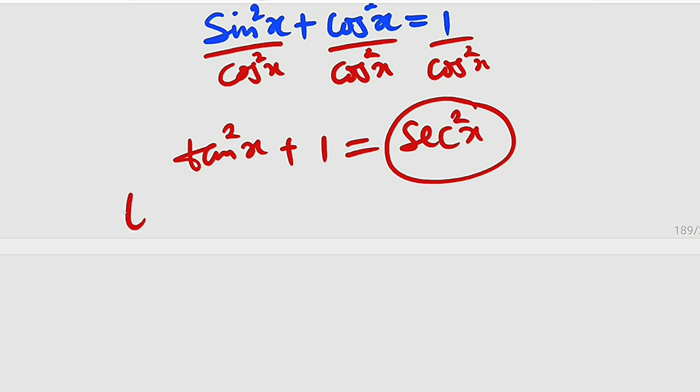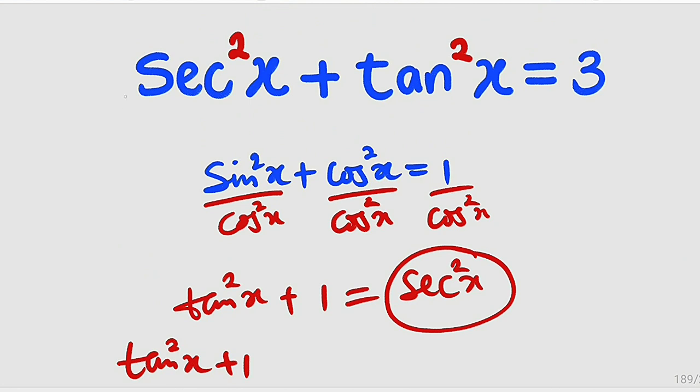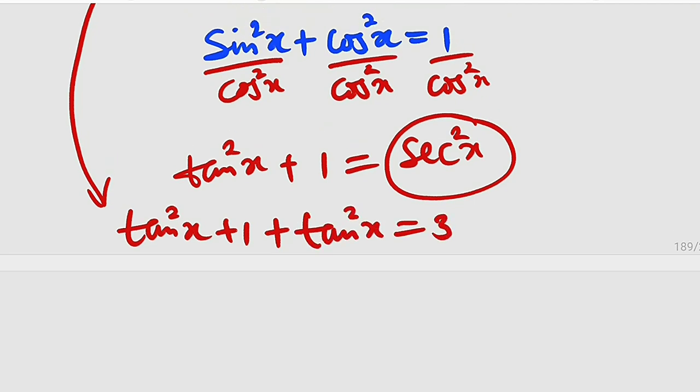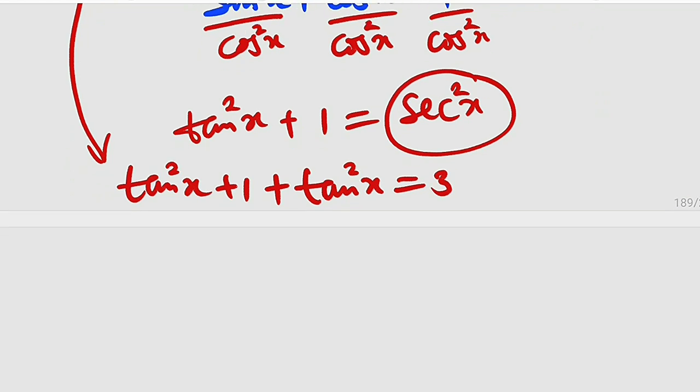So we have tangent²x plus 1, that is from this one. Then the second one is tangent²x, equal to 3, which is the right hand side. By collecting the like terms, we have tangent² making 2 tangent²x, and you can take 1 to the other side, it becomes negative. 3 minus 1 is 2, so the whole of this is equal to 2.